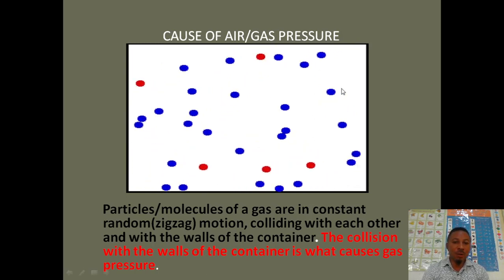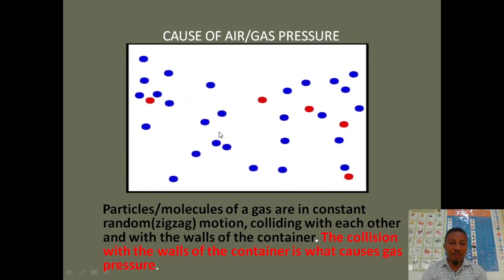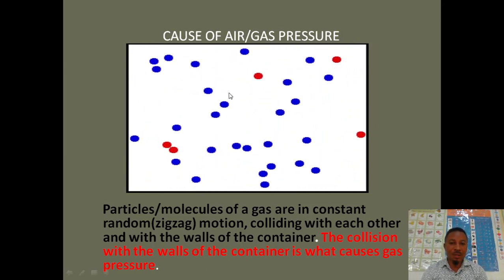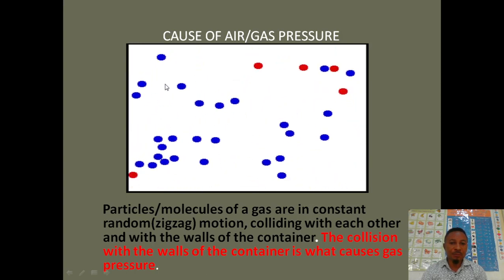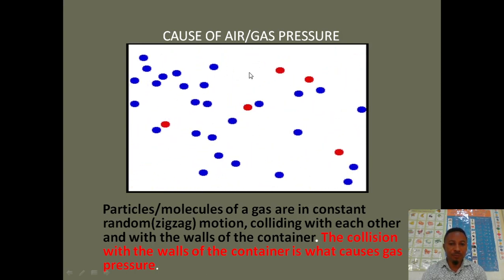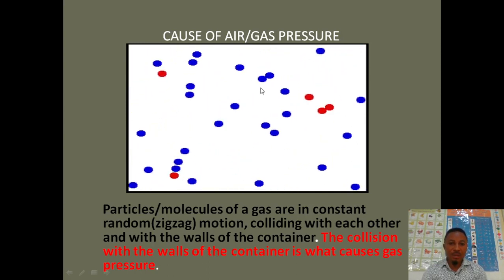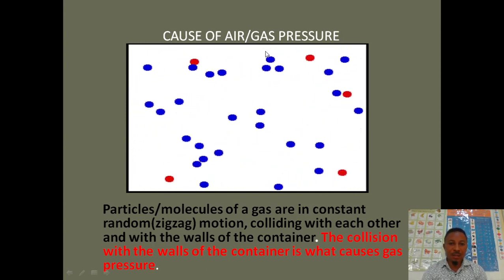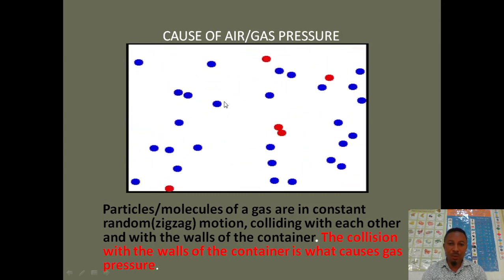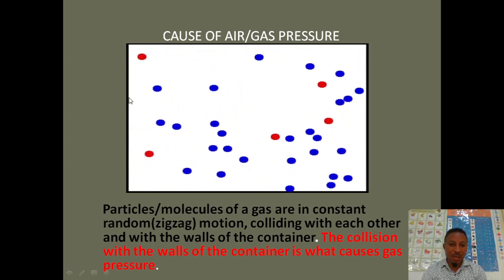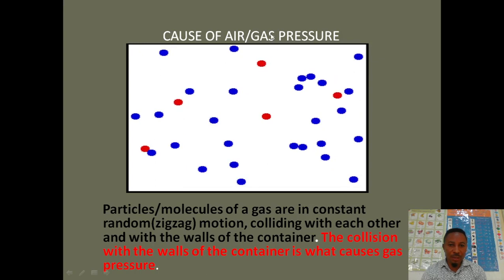Now, what is actually happening to these molecules there? These are molecules of air and dust particles. Can you see that they are constantly bumping on each other or colliding with each other and with the wall of this container?